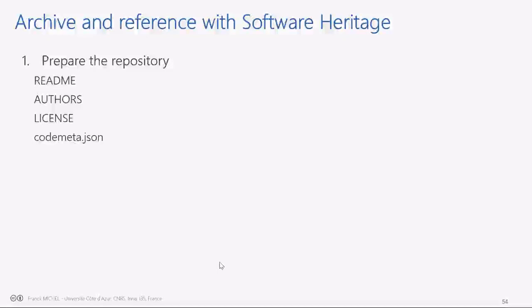Okay, and how would you do that? Well, you have a bit of work to do before that can happen. That is, before HAL and Software Heritage can talk together, there are a few requirements about how you should prepare your repository. This is no big deal, so I'm not going to dig into those details right now. This is explained in the next slides. I will skip them, but just go back to the slides if you like.